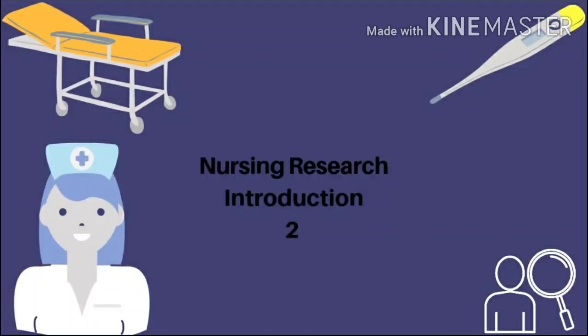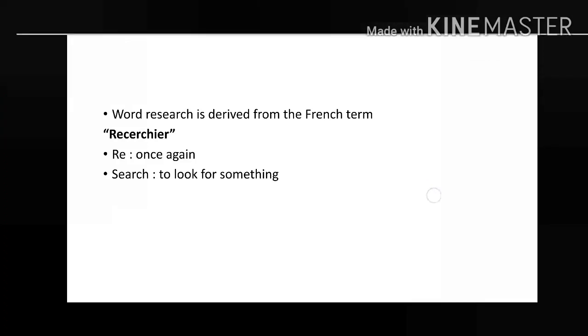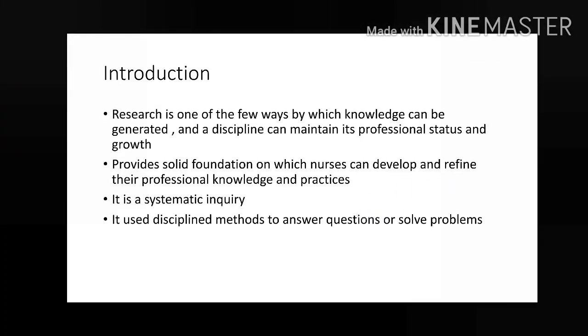So in continuation, before starting off with my class, I would like to just revise what we have already seen in the previous classes. We have seen what the foundation of nursing research is and why it is necessary to study research in this particular profession. We have seen where this word has come from, and also that research is a systematic inquiry, a disciplined and controlled method.